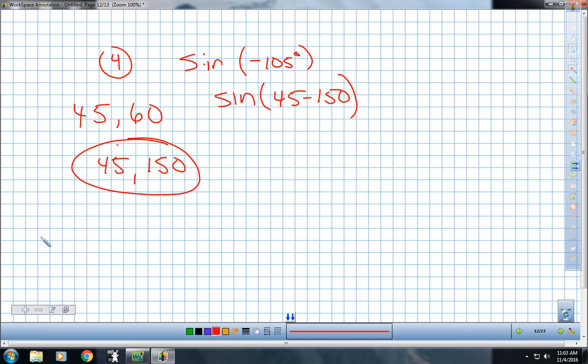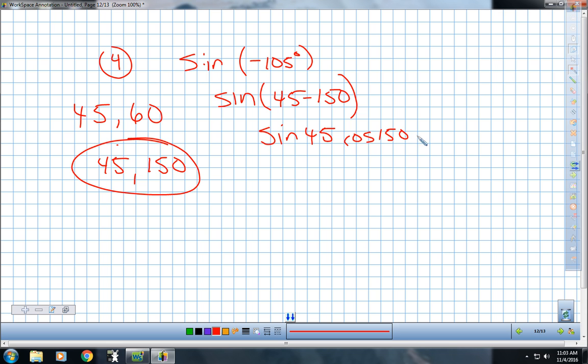So if I use the other one, it would have been the sine of negative 45 minus 60, right? Okay? And when you plug it in, it would give you the same thing. All right, so I go to my formula sheet, I look for sine difference, and it says sine alpha cosine beta minus cosine alpha sine beta. So alpha just means the first term. So the sine of 45, the cosine of 150.